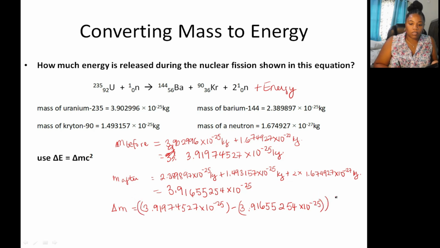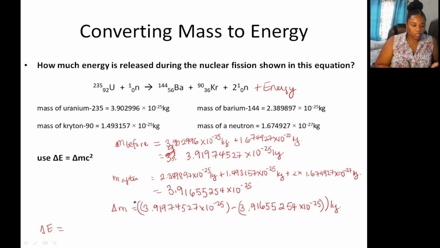I'm going to put kilograms on the outside, guys. Right? And once you get the answer, we can find delta E. So whatever answer that is, let's do that now. 3.919745527 times 10 to the negative 25 minus 3.916555254 times 10 to the negative 25.